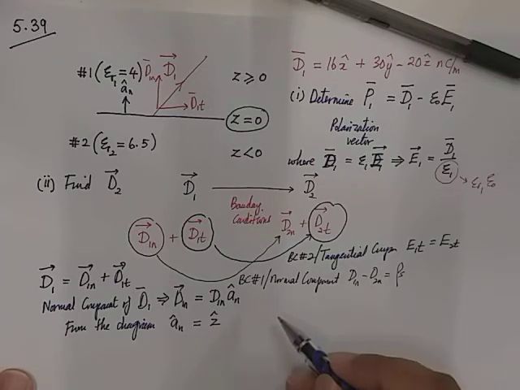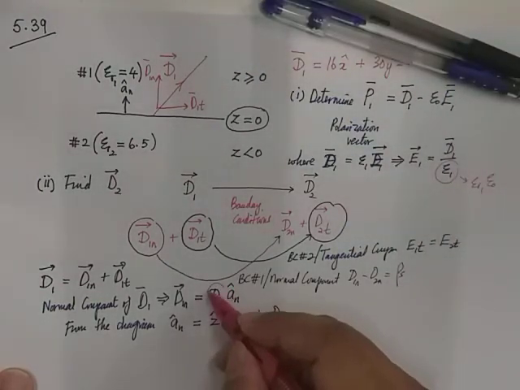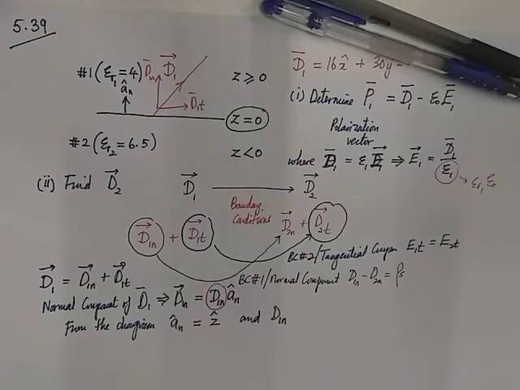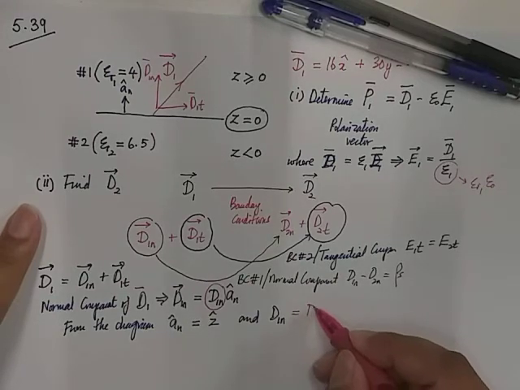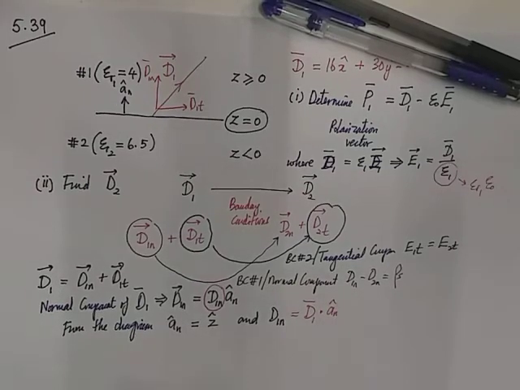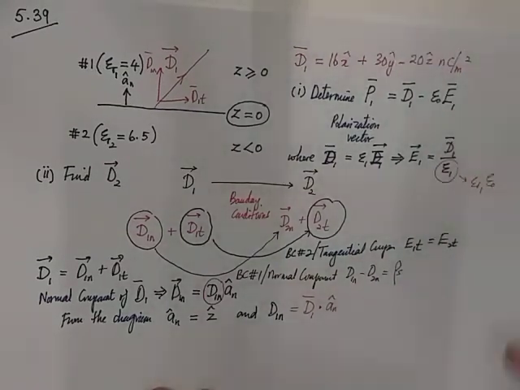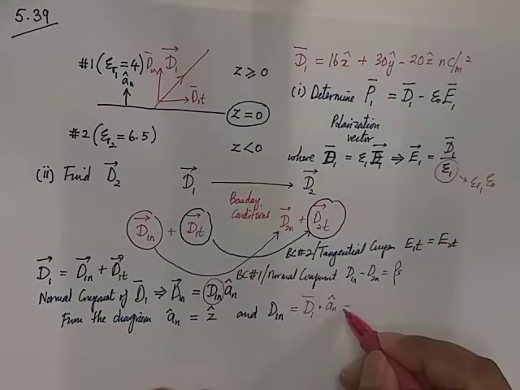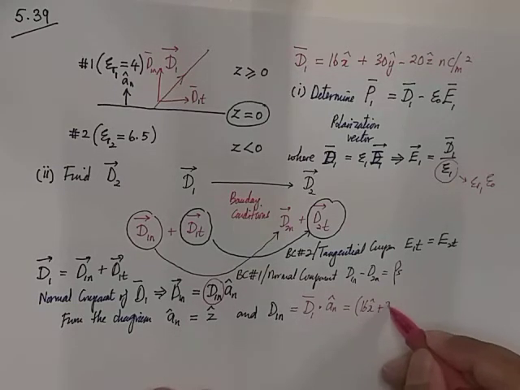So now what should be D1N? I want to find the magnitude D1N. How do you find D1N? Good, just doing this mathematics: D1 vector dot AN. That should be the formula you use to find the magnitude. What is D1? D1 is given by the question. It should be equal to 16x plus 30y minus 20z.